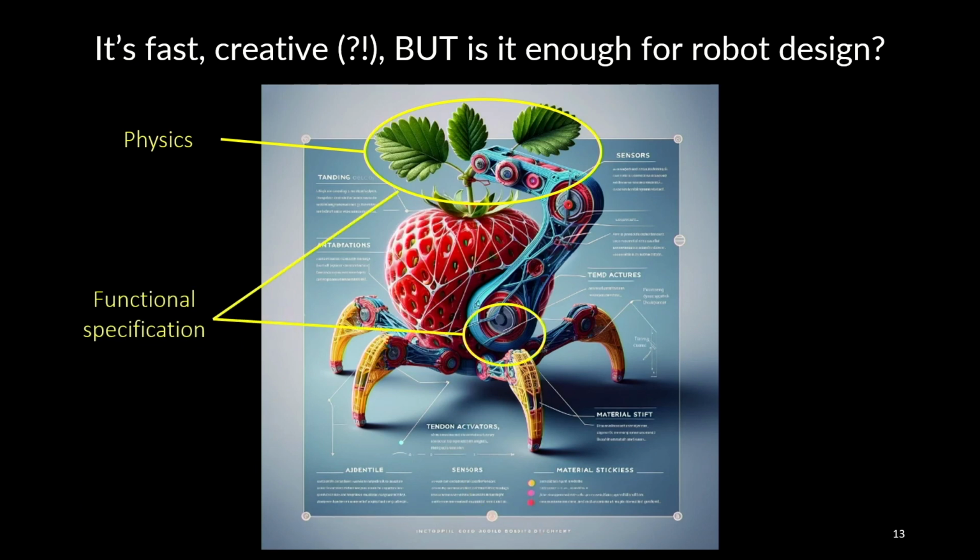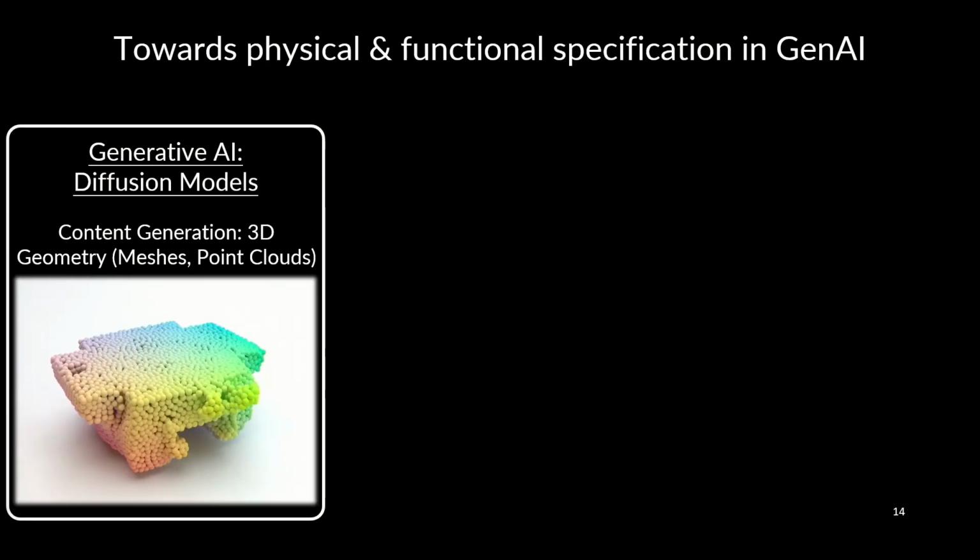Second, if we look at the arm specifically, there's no functionality, because there are two ends that basically connect to the stem and the strawberry torso. And finally, although this is very cool, with very vibrant colors, how do we even fabricate this strawberry? So what we are doing is trying to integrate physics into generative AI.